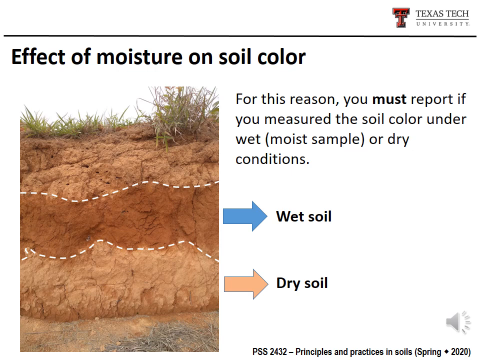Okay, look, the soil horizon is the same. This is an oxisol, for instance, and below the first white dashed line we have the B horizon, but we have part of this B horizon wet and part of this B horizon dry. Look, the color is totally different.